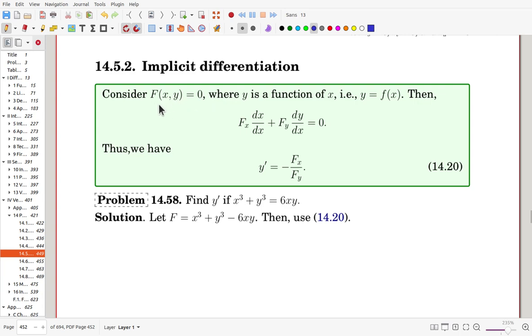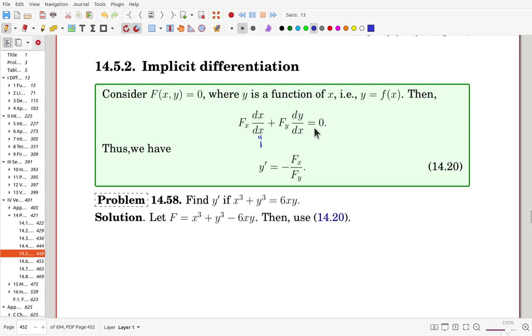First of all, x itself involves x, so we take the x derivative for capital F, and dx over dx, of course, is 1. Now, F sub y and dy over dx, that is exactly the chain rule we learned, equals 0.